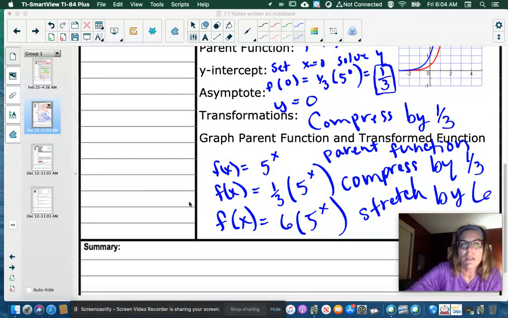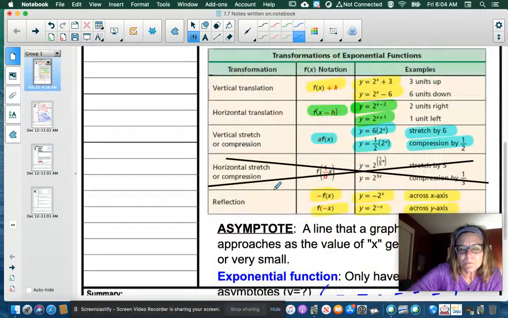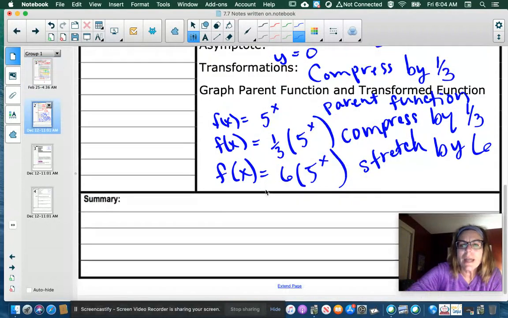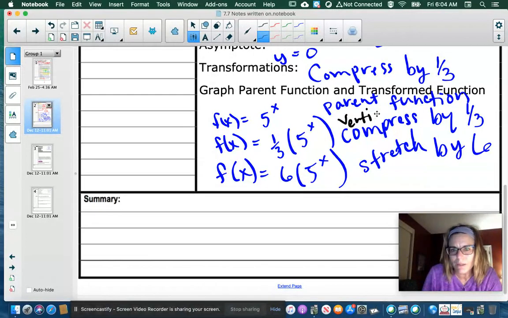And it's always you're changing your parent function. Okay, that's what I wanted to mention. A lot of times I should add one little piece here. Compressed by 1/3 is fine for me, but a lot of times we don't do horizontal compressions and stretches in Algebra 2, but I want to make sure when you see this, you understand.